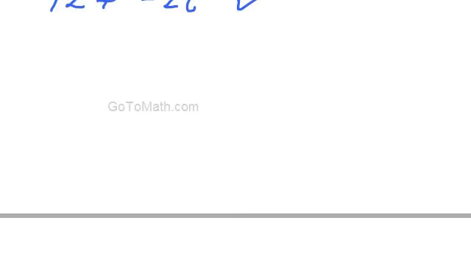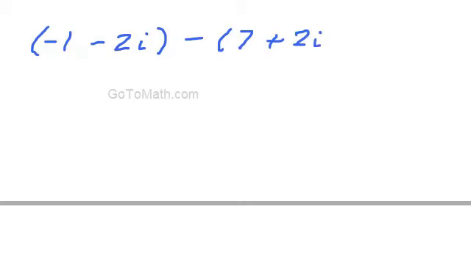All right, let's take a look at another one. We've got negative 1 minus 2i minus 7 plus 2i. I'm going to drop these parentheses, so nothing much going on over here.